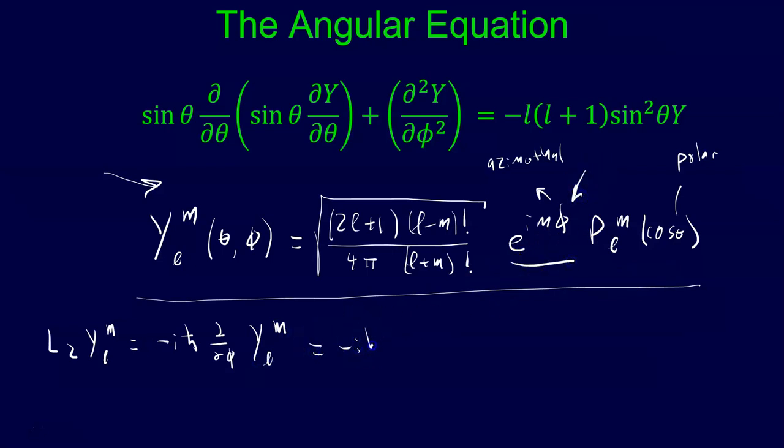And so if I attack this operator onto that function, the derivative of that exponential will give me an i times m, and basically everything else in that function will stay the same. And so negative i times i is just positive, and we get our other eigenvalue equation.